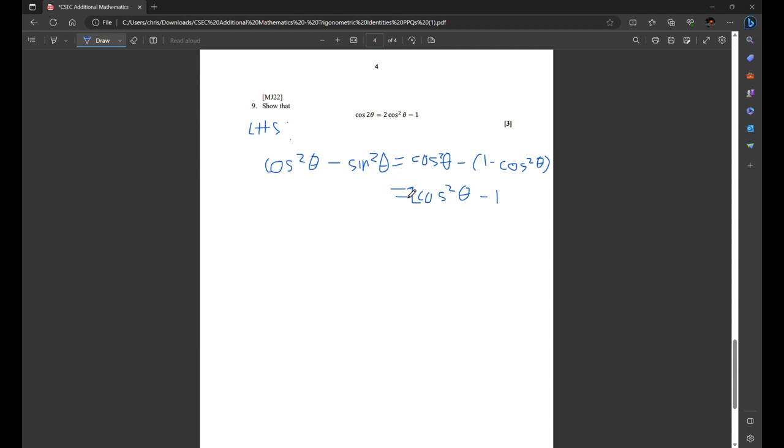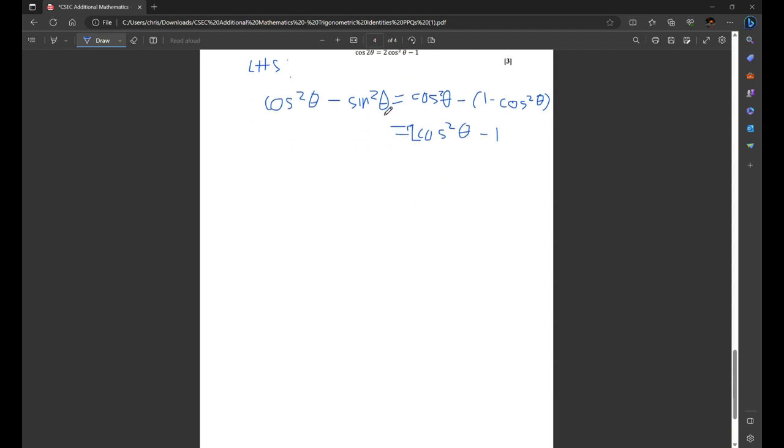So that actually proves the identity already. If you got this question in an exam and you didn't feel like you've used enough lines here, you could write out that multiplication step and then group it together, but you don't really have to do that. But I suppose if you want to, you can do it.